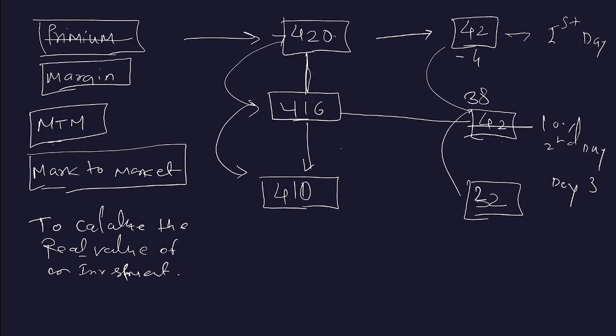The price is totally linked with the margin or premium which you have paid. If the price moves, then premium also will move. If the price goes up, premium will go up. Margin will go up. If the price goes down, then premium will go down. Let's say on day 4, the price is 500.